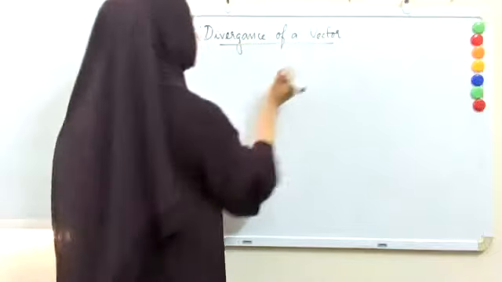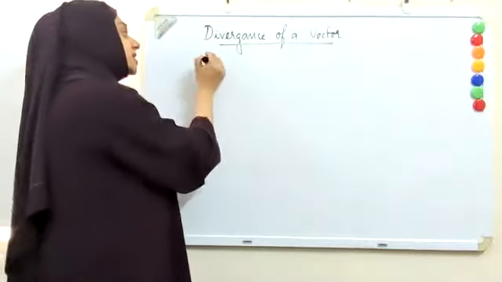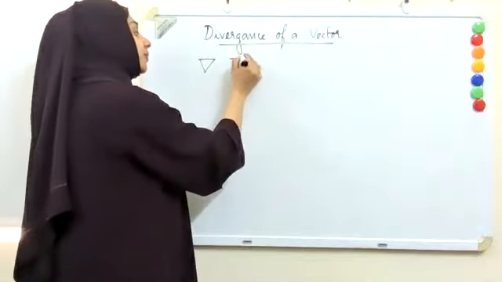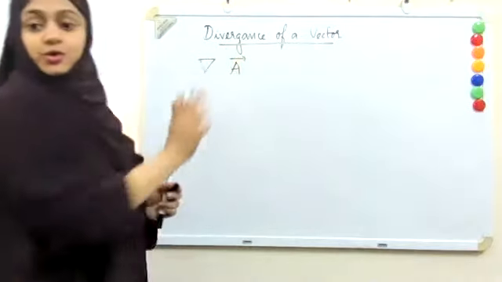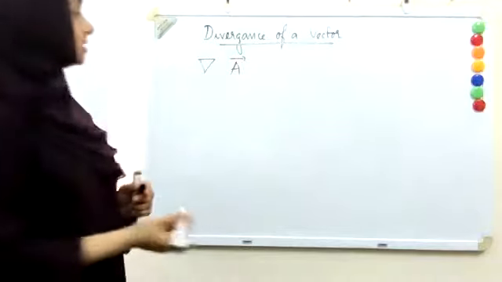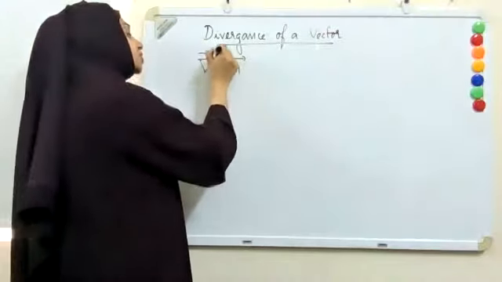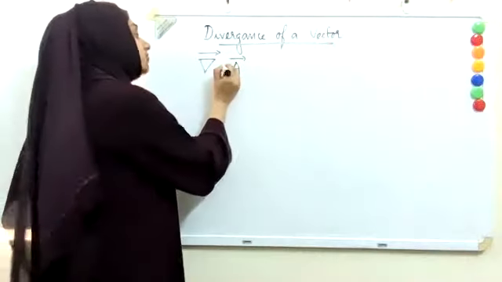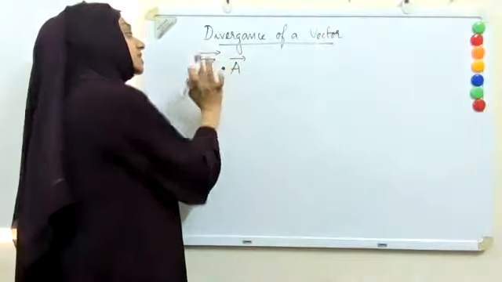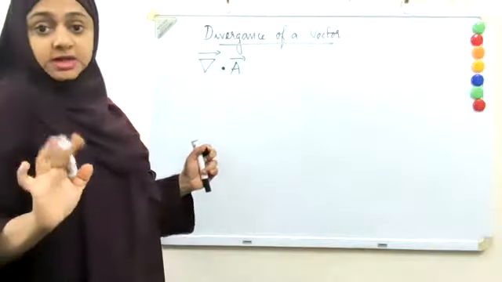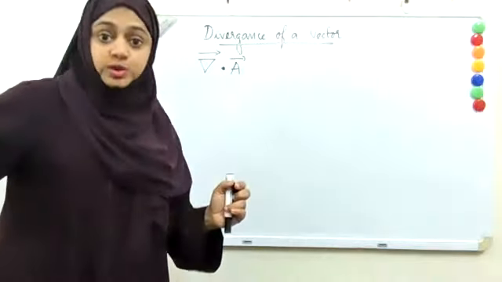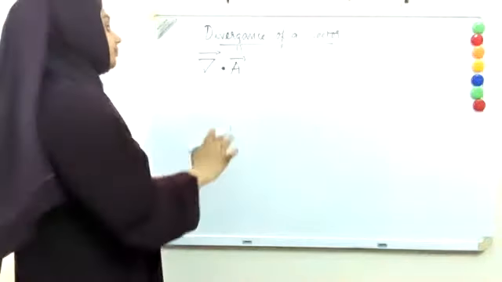Divergence of a vector means we are taking the dot product, del dot A. The operator del is a vector. Sometimes they show it with an arrow. Even without an arrow, you have to understand that del means it's a vector operator. It is equal to i dou by dou x plus j dou by dou y plus k dou by dou z.